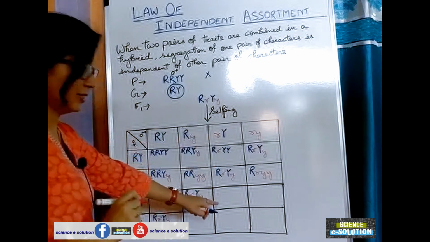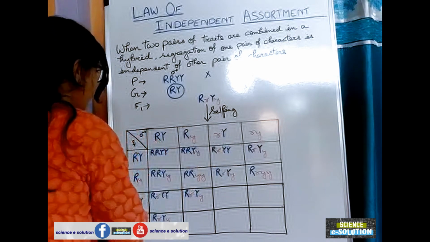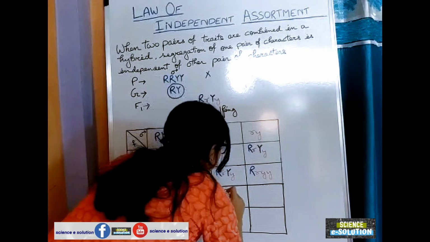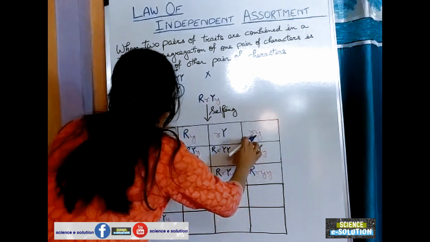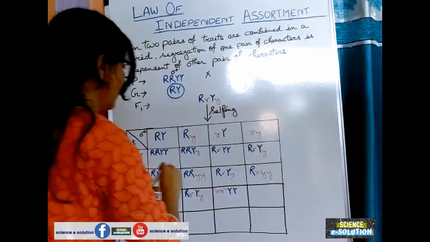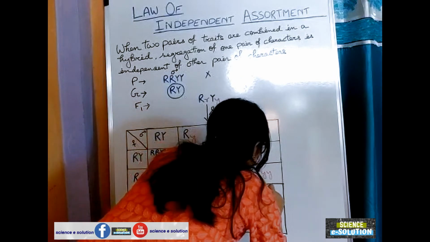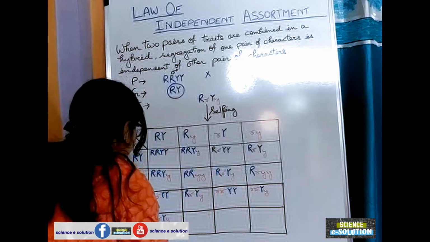Then next one will be small r, small r, capital Y, capital Y. And this one, small r, small r, capital Y, small y. The last type, this I have already done.